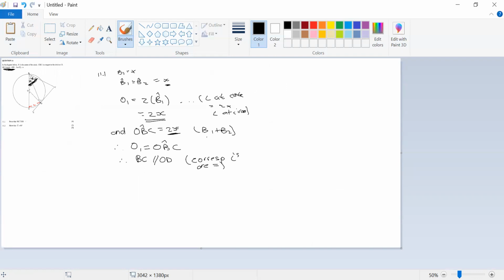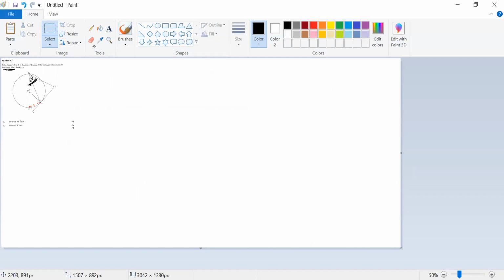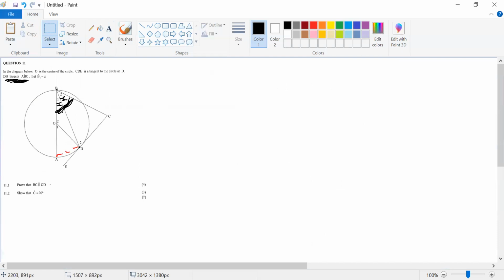Yes. All right. And our last step here is to actually solve or show that angle C is equal to 90 degrees. So angle C is found up here, and we need to be able to prove or show that it's equal to 90 degrees, right?